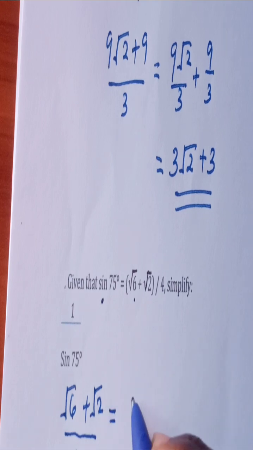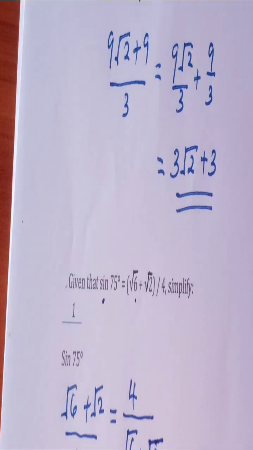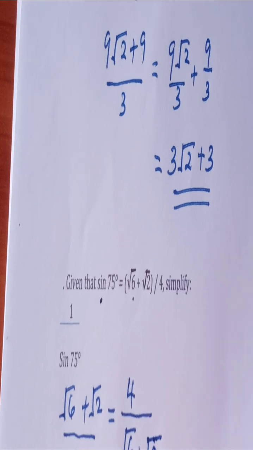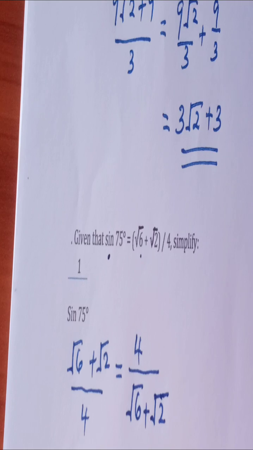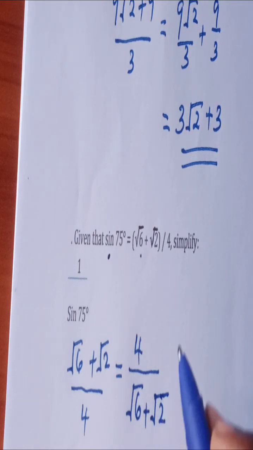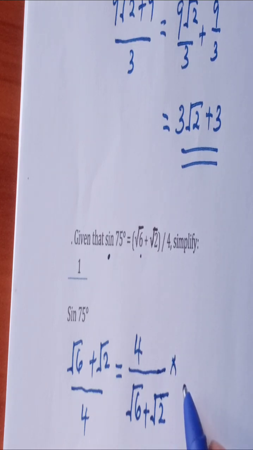The reciprocal of this is going to be 4 divided by root 6 plus root 2. Now that we have the reciprocal of sine 75, we want to multiply on both sides by the conjugate of the denominator.